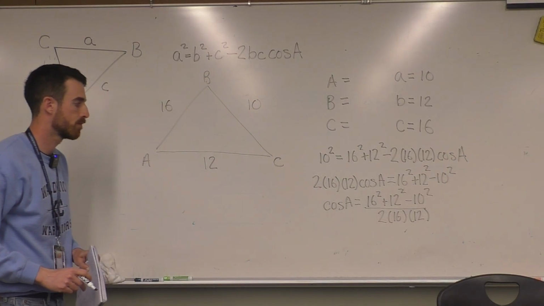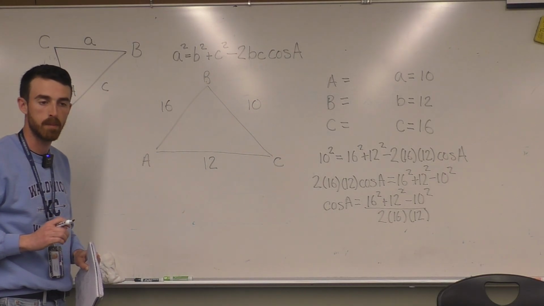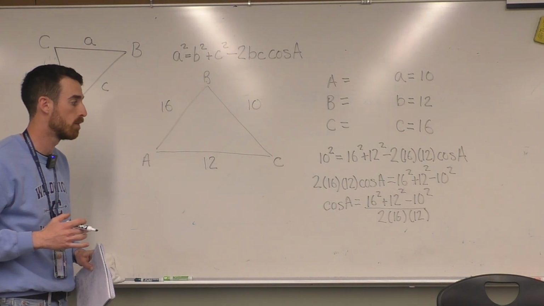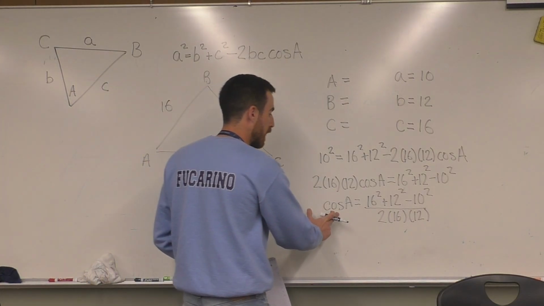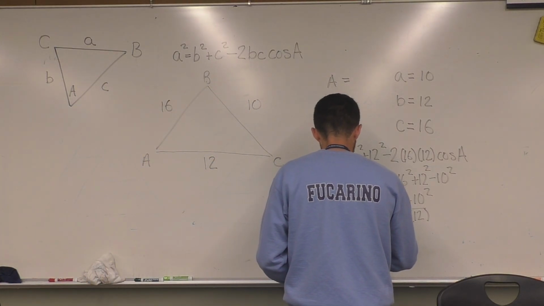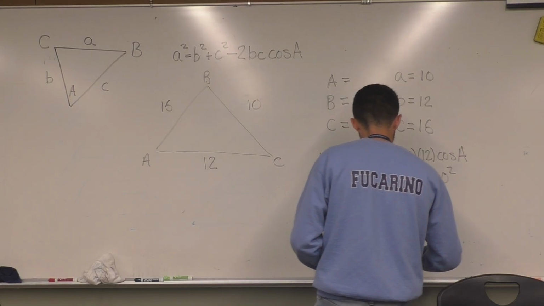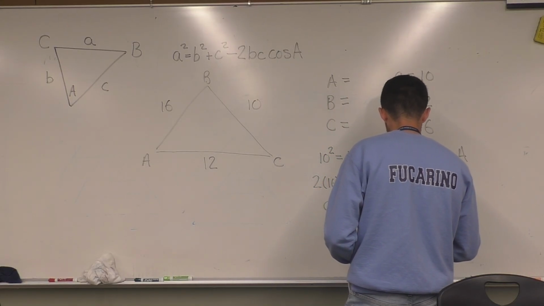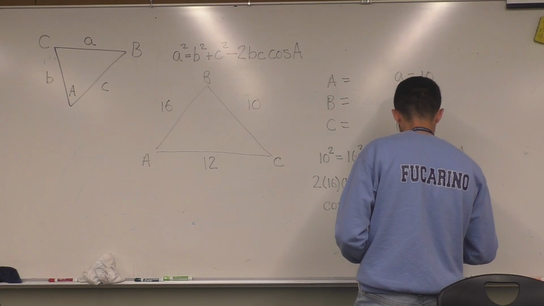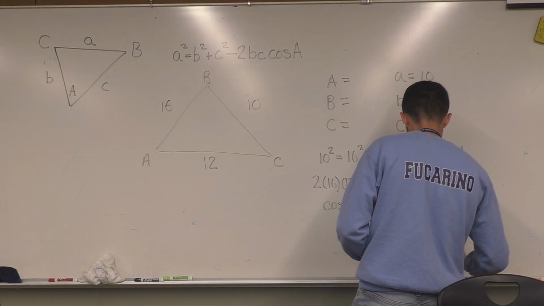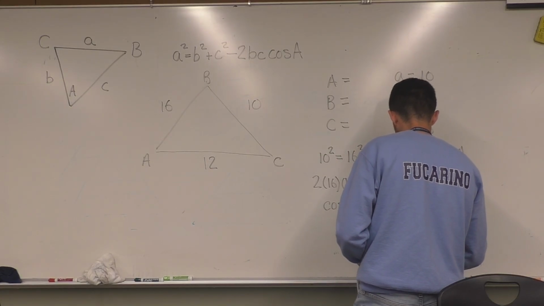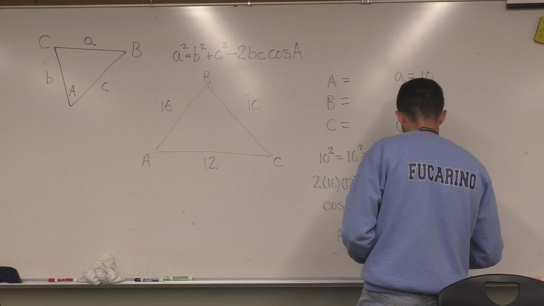Getting cosine by itself, we use this to solve for the angle. So lastly, I would use the inverse cosine to solve for A. A equals the inverse cosine of 16 squared plus 12 squared minus 10 squared over 2 times 16 times 12.